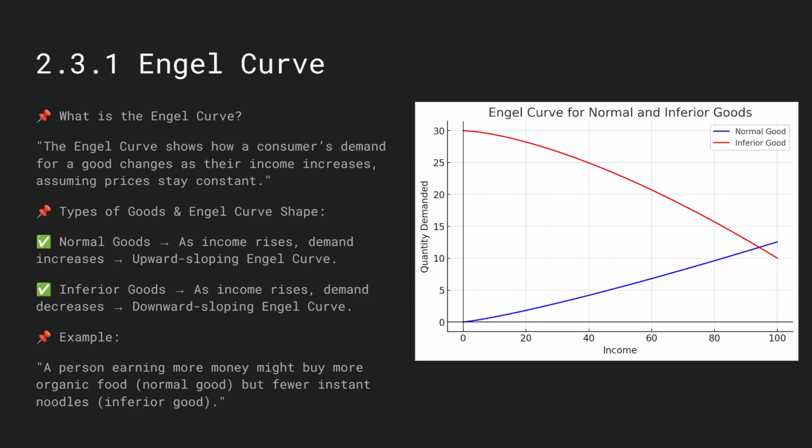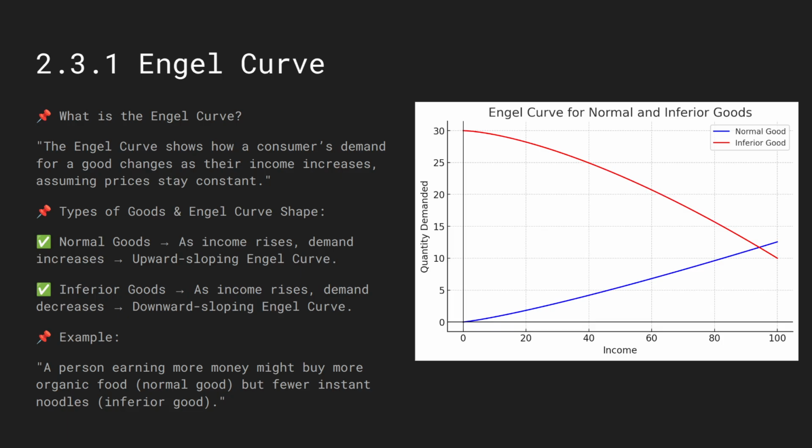But when your salary is a good amount, you avoid instant noodles. So for inferior goods like instant noodles, the demand decreases as one's income increases.